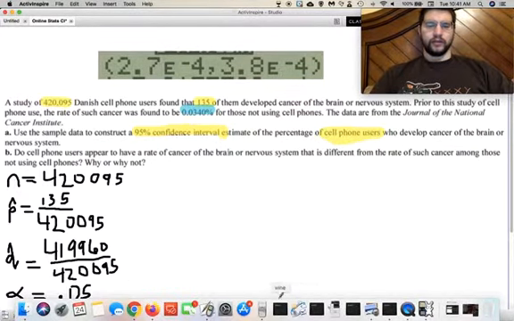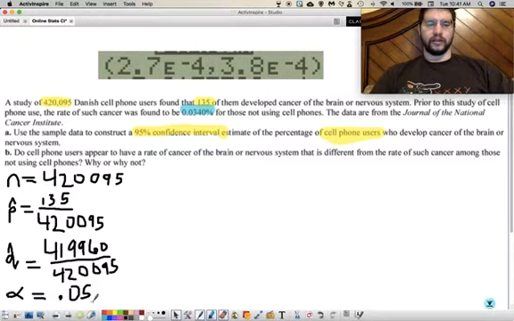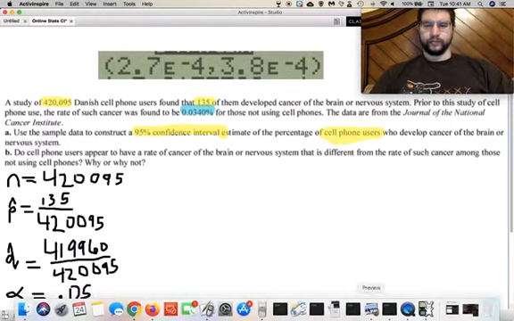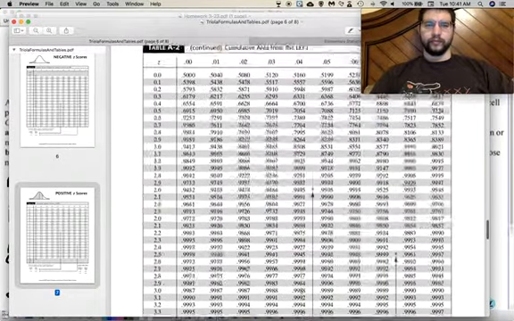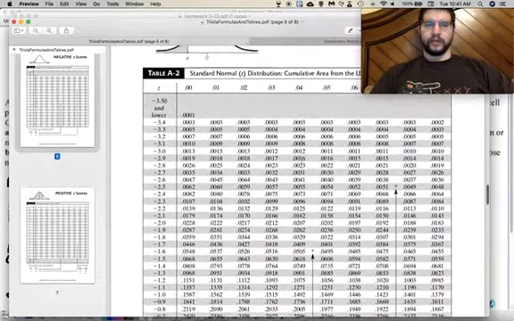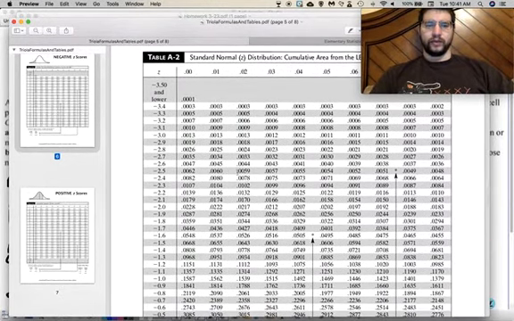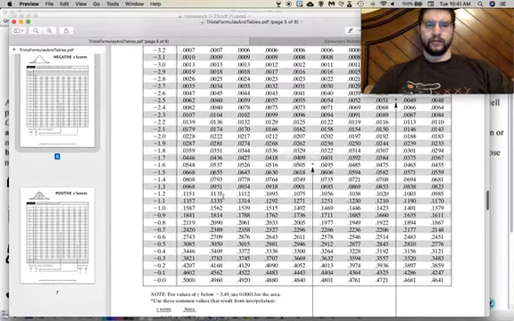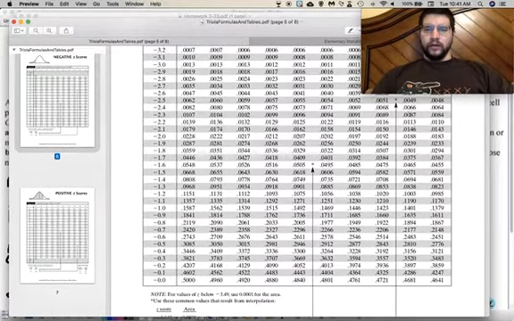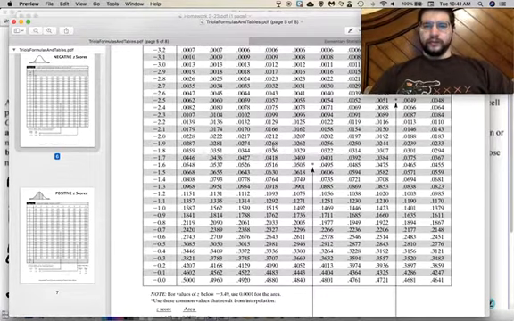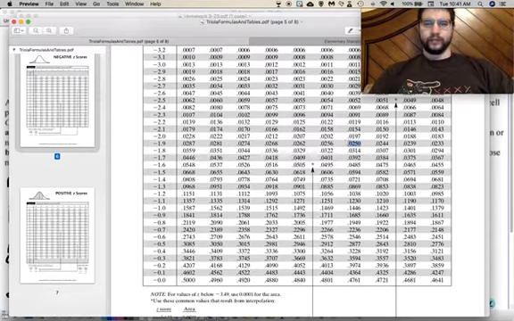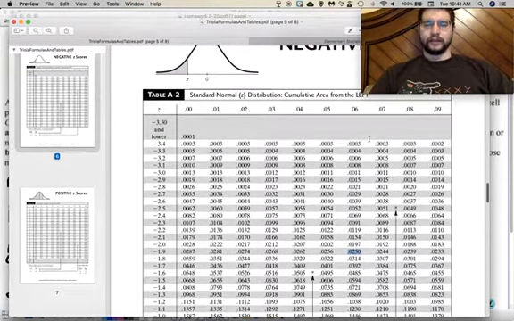So you can use the chart. Again, we're not going to look at 0.05, we're going to look at 0.025, half of it. Again, I'm lazy, I just look at the negatives, 0.025. Right here somewhere. There it is. 1.96.